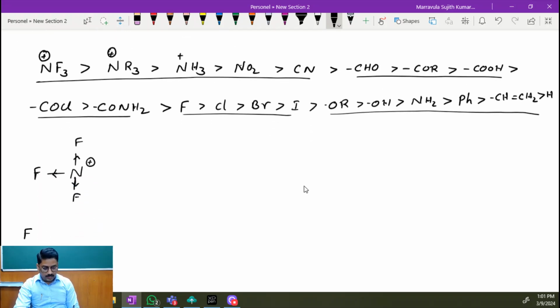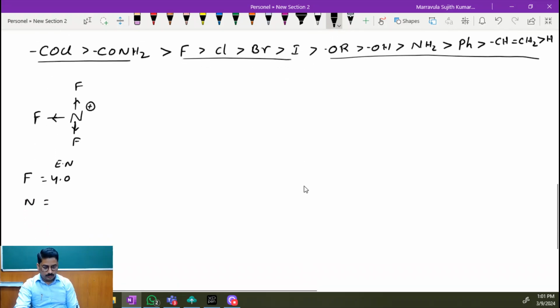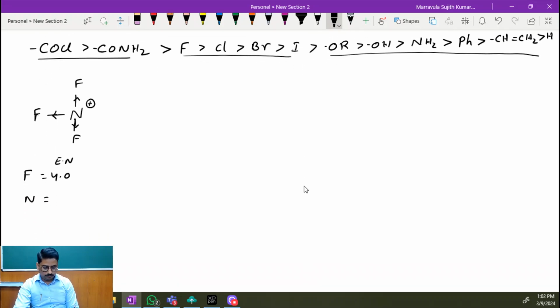Fluorine has 4.0 electronegativity and nitrogen has almost 3.0, like chlorine. So these three fluorines keep taking electrons from the nitrogen, and the positive charge increases. That's why the nitrogen is very keen to attract electrons towards itself, and that is the reason it is the highest minus I group.